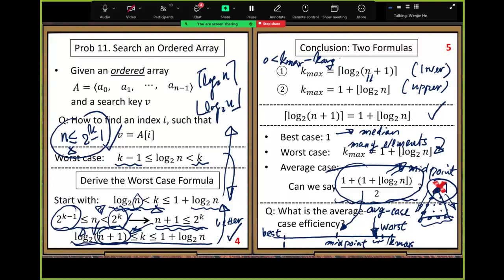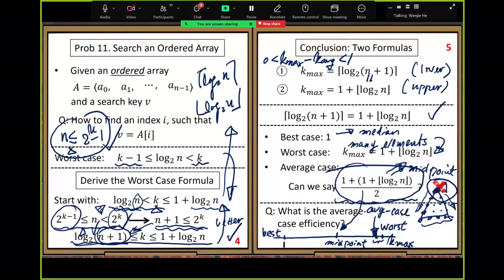The difference is greater than 0 but less than 1. So you know how close it is. Very close to the worst case, only slightly smaller than the worst case.